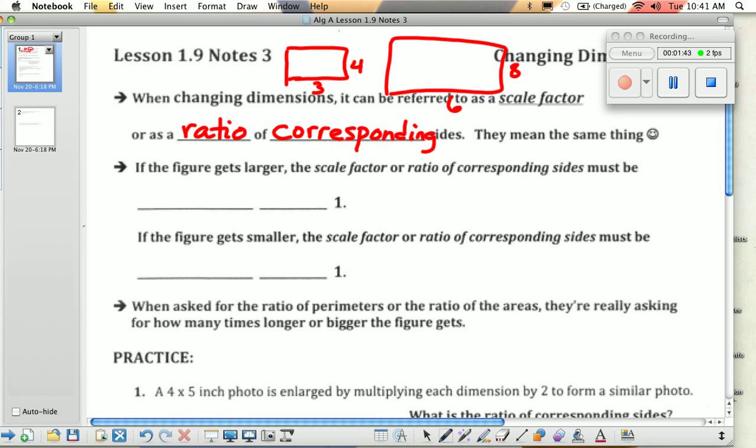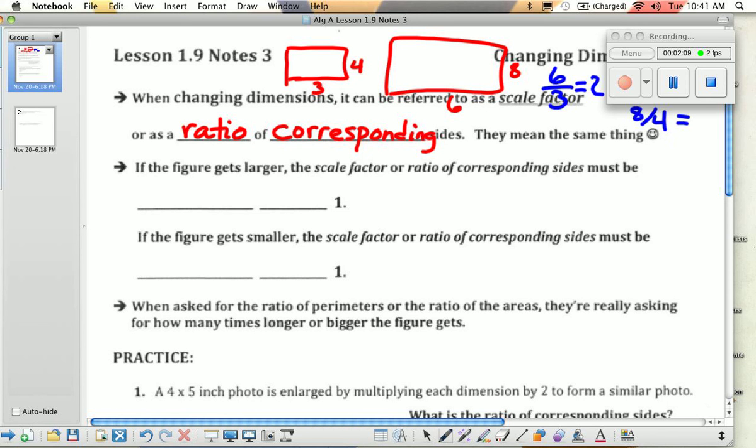The ratio of corresponding sides means the same thing, so it should come out to be the same thing. So the length of the new one corresponds with the length of the old one. What is 6 over 3? What's that ratio simplified to? 2. And corresponding sides, 8 over 4.